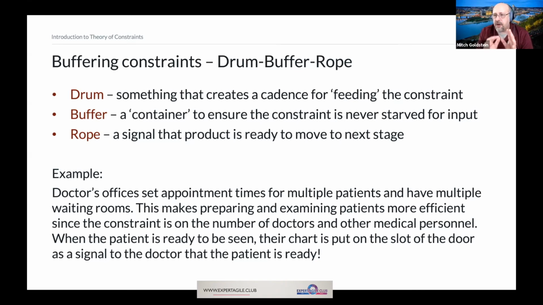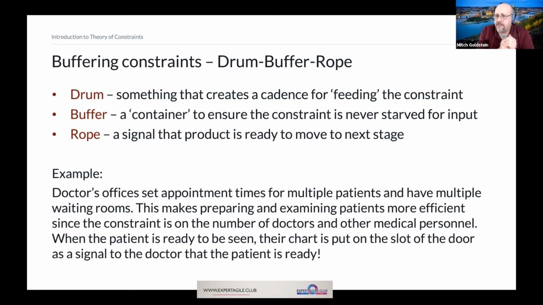But I want you to understand what a constraint is. The constraint here is a people constraint. We have a few doctors and many, many patients. So we come up with a system to maximize the throughput through the constraint. The doctor is the constraint, the one of which we have the least resources.